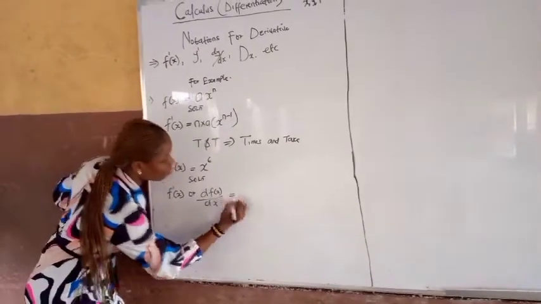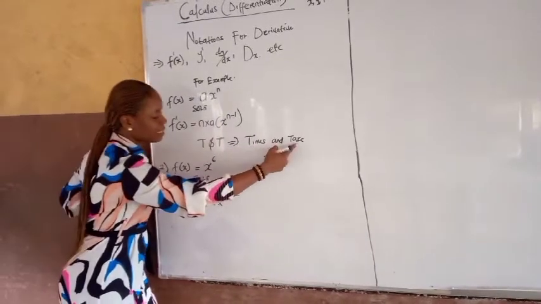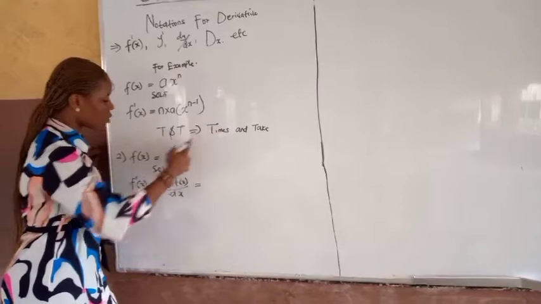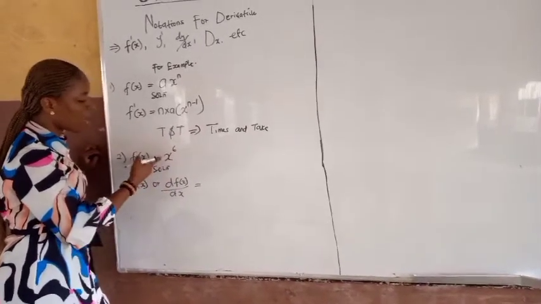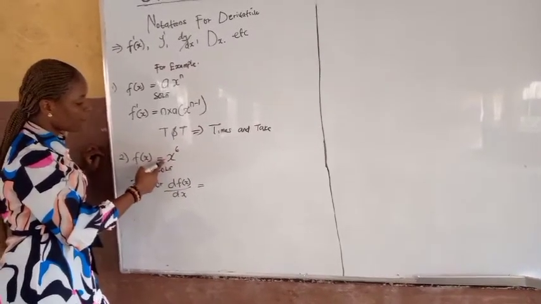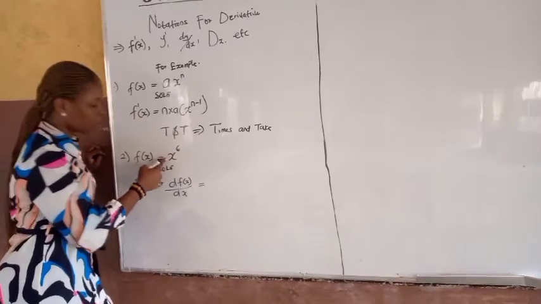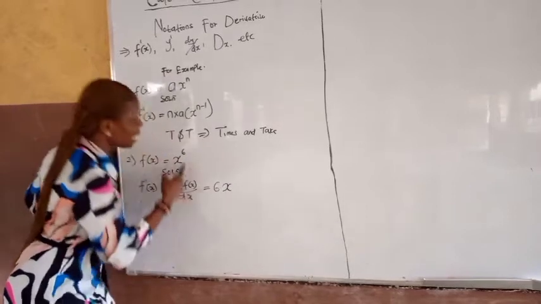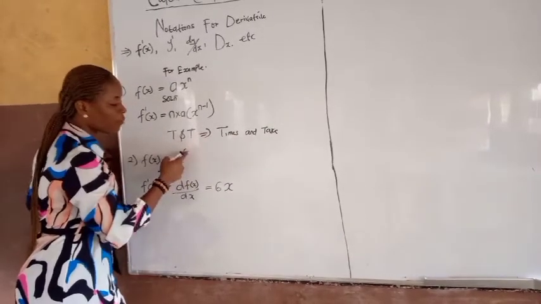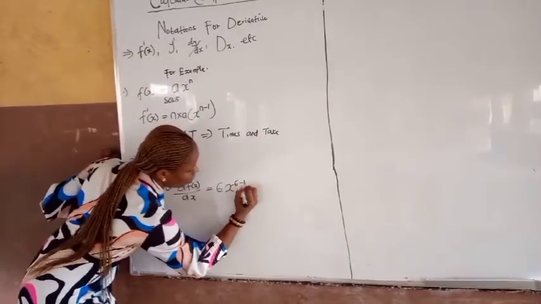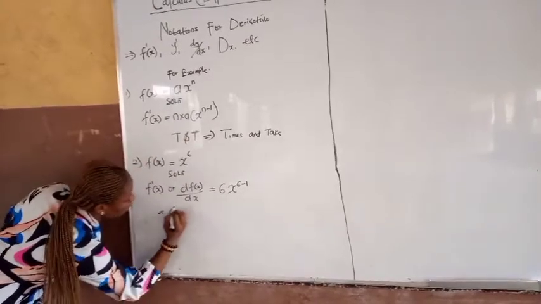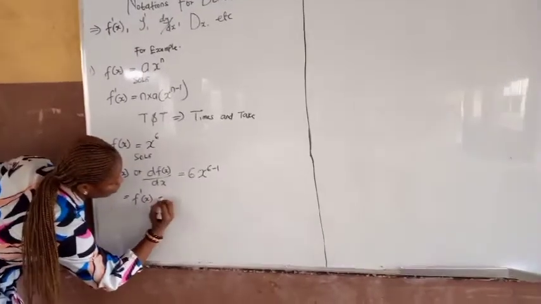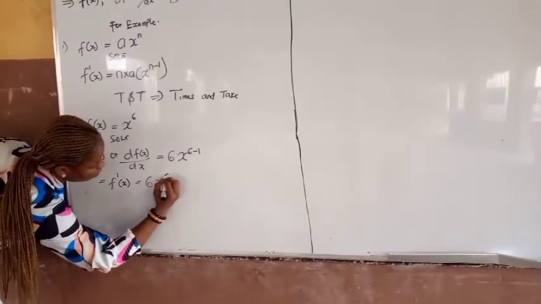Remember the times and take. The first thing you do is to apply the concept of times. So I will multiply the power with the coefficient. What's the coefficient of this variable? It is 1. So that I will have 6 times 1, which is 6. I repeat my x. The next thing is to take 1 from the power. So I write 6 minus 1, so that my f prime of x will be 6x raised to the power of 5.